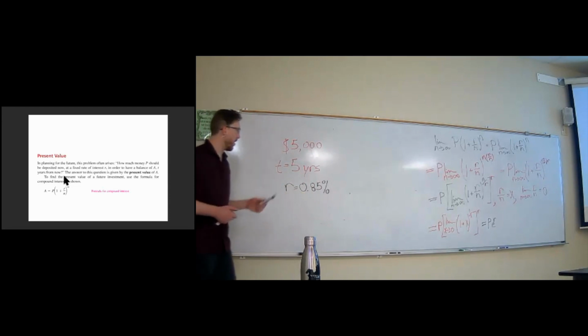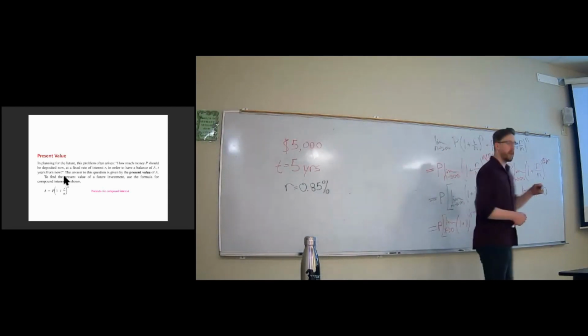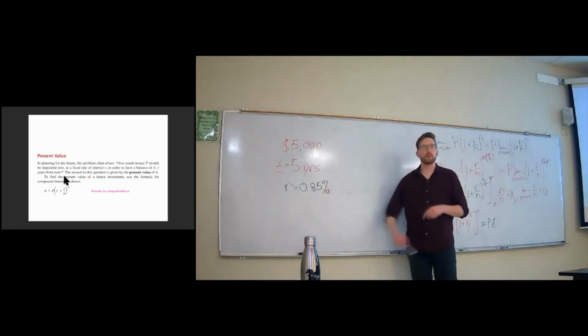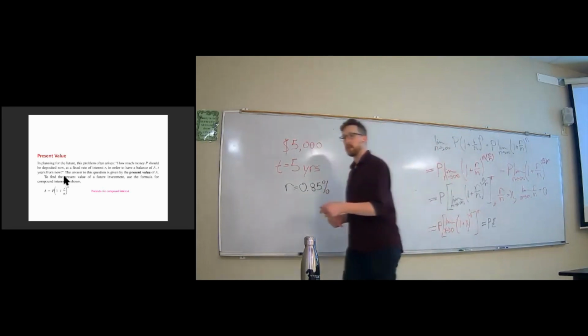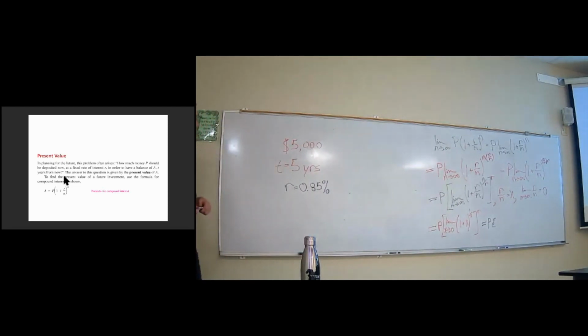So you sit down with Elizabeth, you say, all right, I want, like I said, 5K at the end of 5 years. She says, cool, well, the rate here is 0.85%. You say, all right, how much do I need to pay then? What do I need to put down as my deposit to make sure that this happens in 5 years?